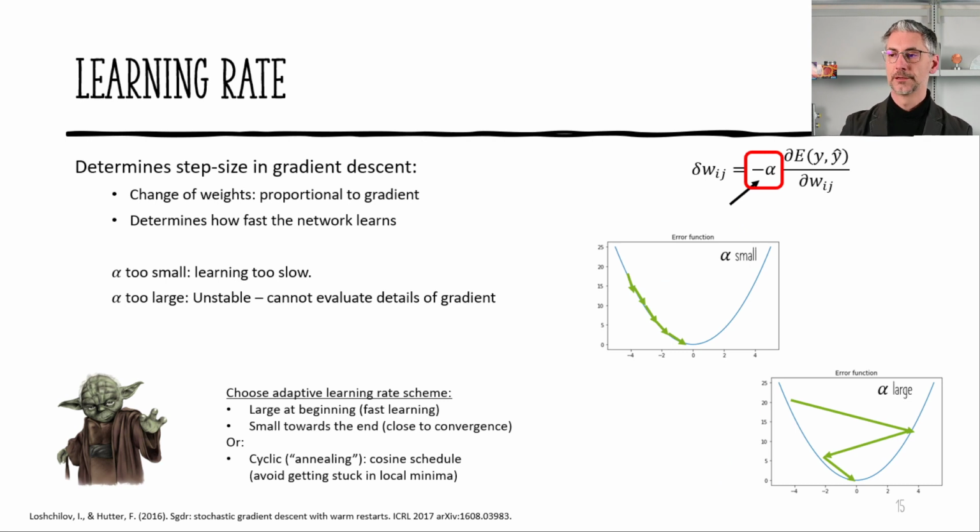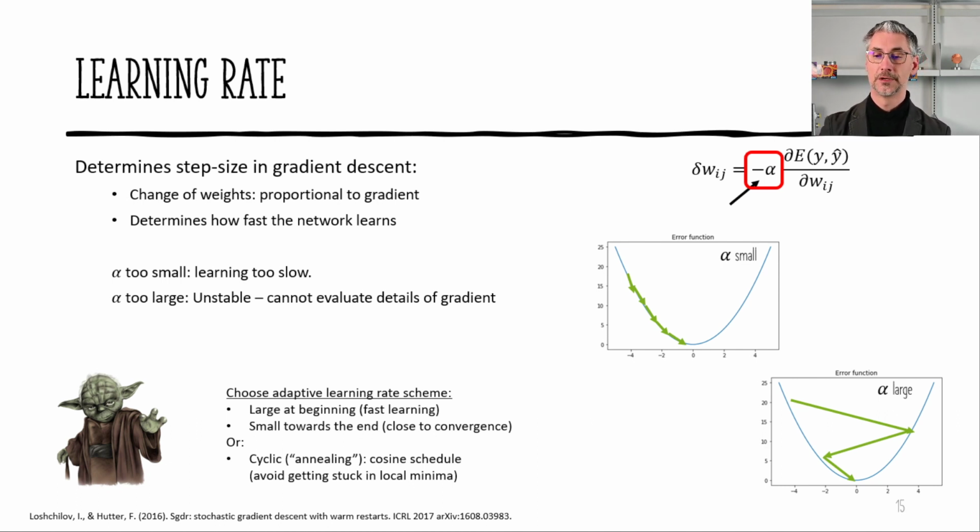We've also seen in our definition of how to change the weight that we have this free parameter, the learning rate. This determines the step size in our gradient descent. The change of weight is proportional to our gradients, but we also need to determine how fast we want to go in this direction. So if this learning rate is far too small, learning is usually very slow.